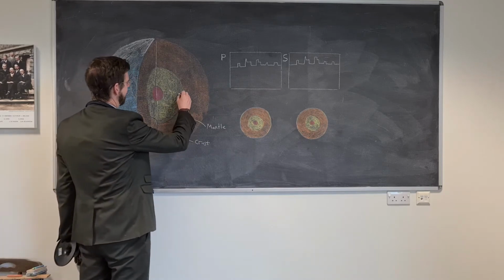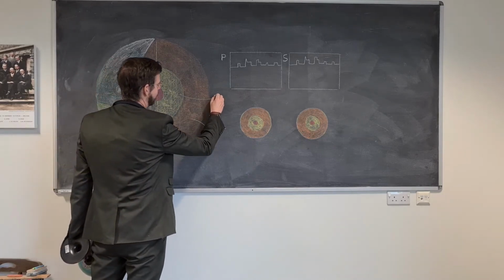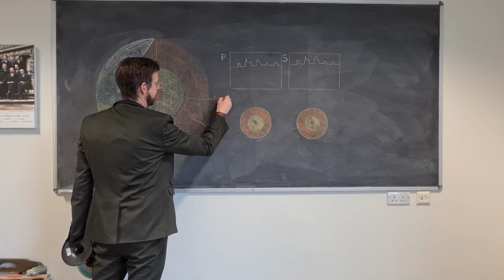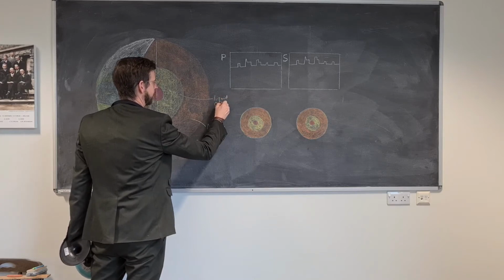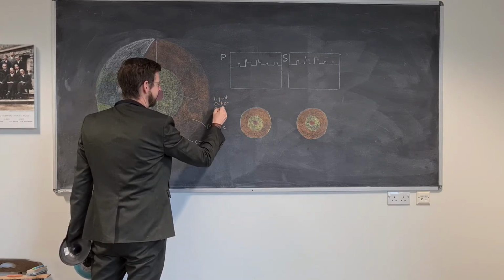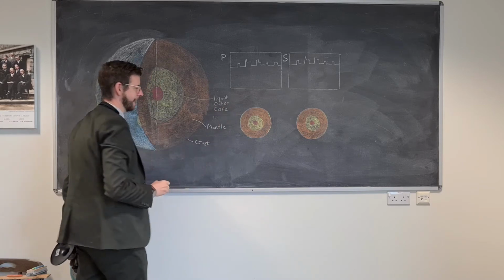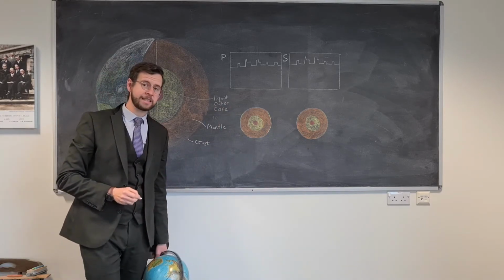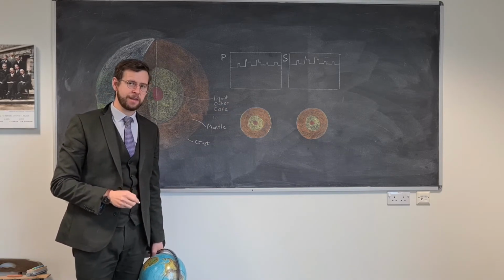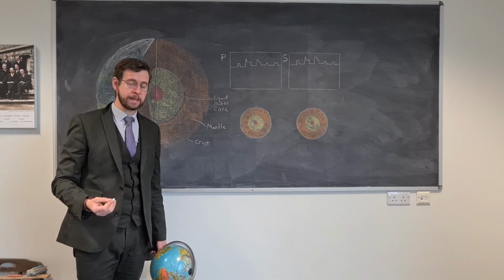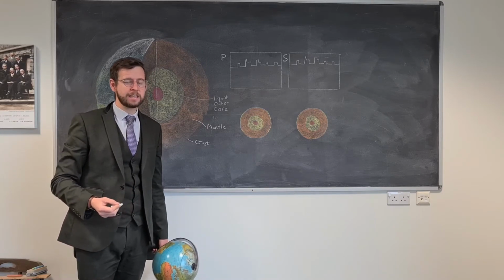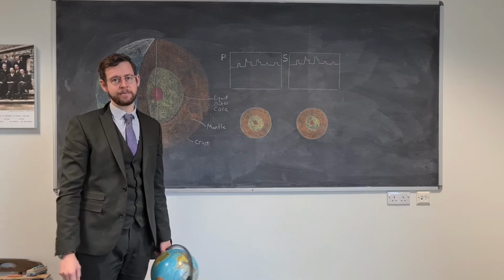Then inside that we have this liquid outer core. Why is it liquid? Well, basically the rock has melted, and in fact deep down inside the Earth there tends to be less rock and more iron, and so this is basically molten iron.